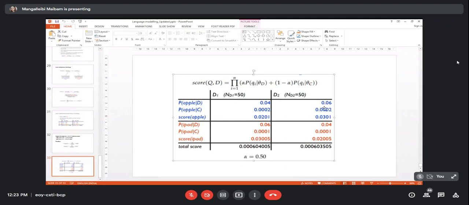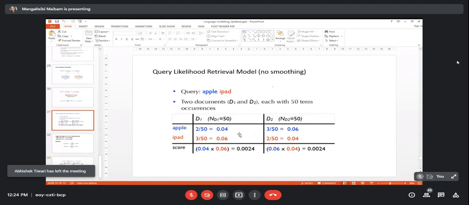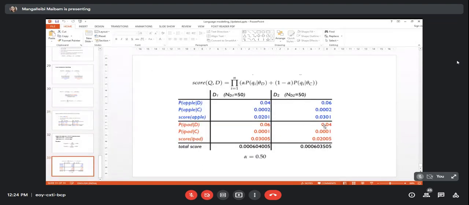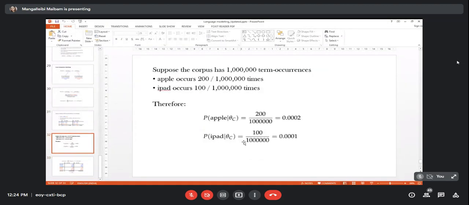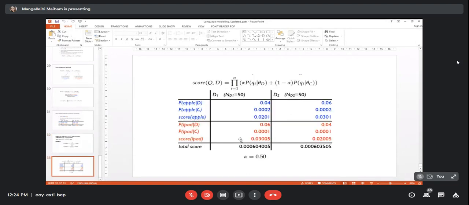Similarly, we have calculated for document D2 also. And iPad also we have calculated. For iPad, the values for the document are taken from here: 0.06 in document D1 and 0.04 in document D2. And after that, iPad in the entire collection is 0.0001, which I have written here.